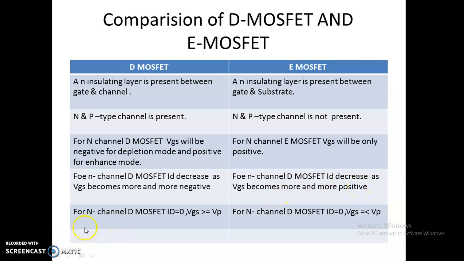The last comparison: for n-channel D MOSFET, ID equals 0 when VGS is greater than or equal to VP, that is the pinch-off voltage. For the n-channel E MOSFET, ID is equal to 0 where VGS is less than or equal to VP.